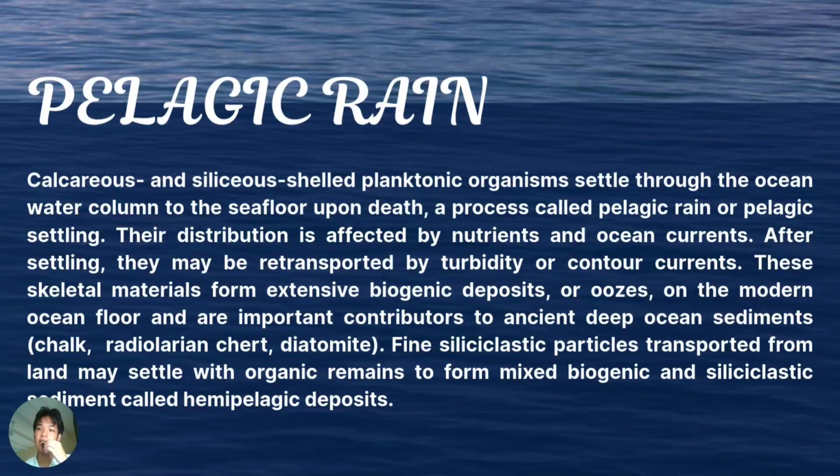When we say pelagic rain, it is the constant, gentle settling of dead microscopic plankton shells from the sunlit surface waters down to the deep ocean floor. The distribution of these calcareous and siliceous shells is controlled by ocean nutrients and currents.